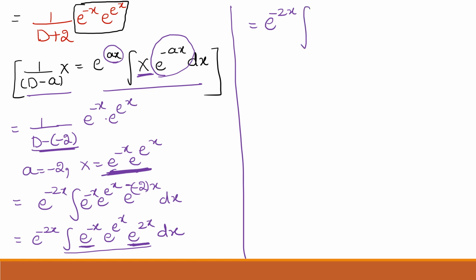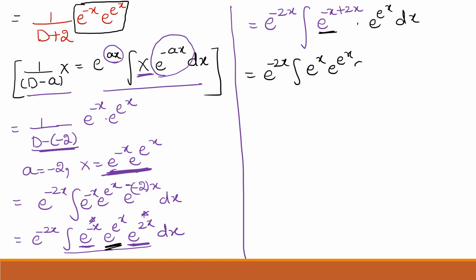Integration of these two terms will be combined, powers will be added. So we get e power minus x plus 2x, and along with that this e power x. So here we'll get e power x dx. This will be e power minus 2x as such, and here e power x, e power x dx. Now we have to solve this integral.